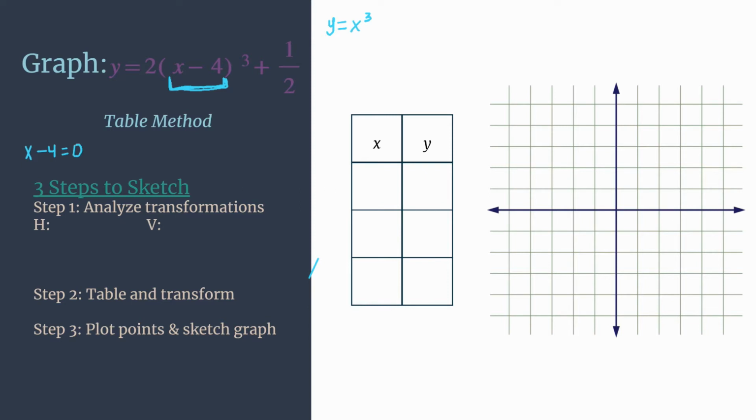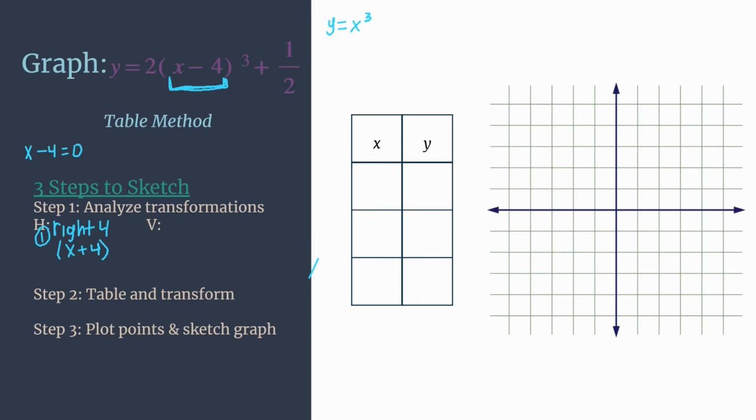We think solving order with our horizontal transformations. So if we were to solve this little helper equation that I wrote out, we would add 4 to both sides, and that's what we'll do to apply this transformation to our graph. We'll add 4 to our x's, which will move everything right 4. All right, so that is our first and only horizontal transformation.